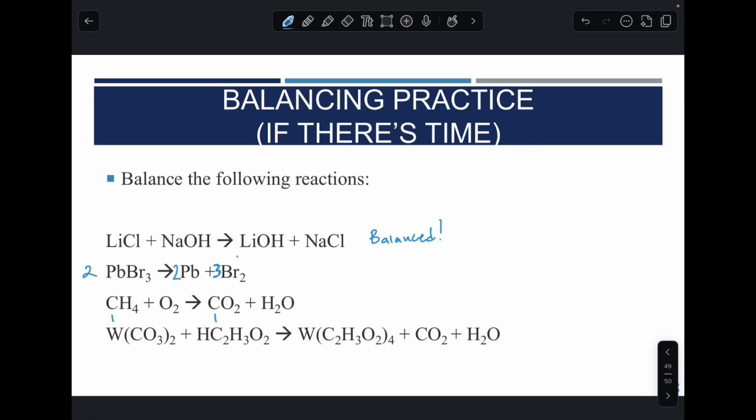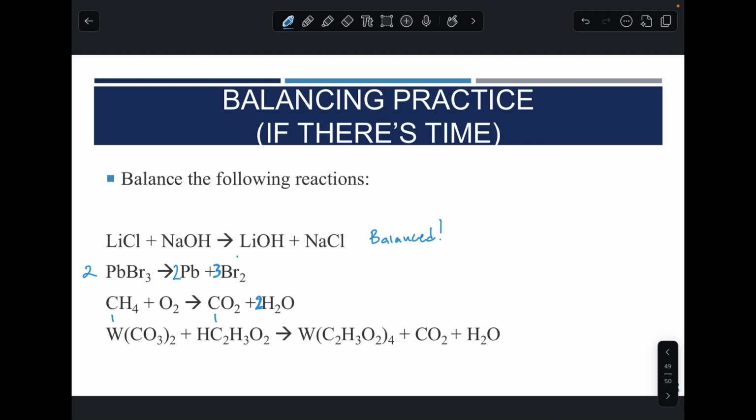But let's make sure that we have the correct number of hydrogens first. There are 4 hydrogens on the left-hand side, which means we need to put a 2 over here to give us 4 hydrogens on the right-hand side, which then multiplies the oxygens to be 2 instead of the 1 that it previously was. That's no matter because we have oxygen by itself.